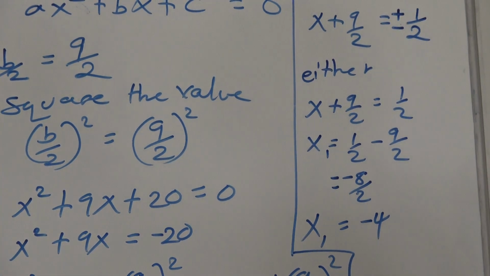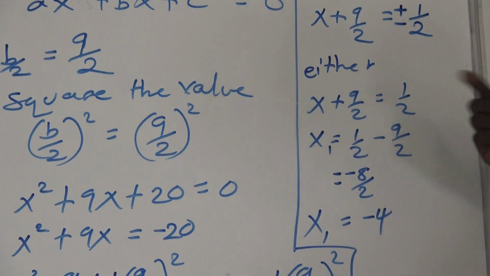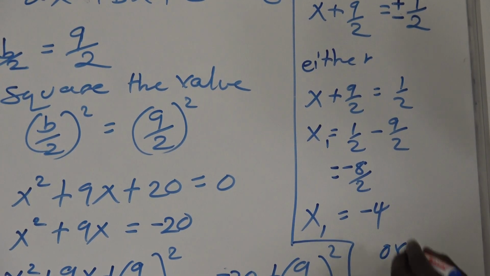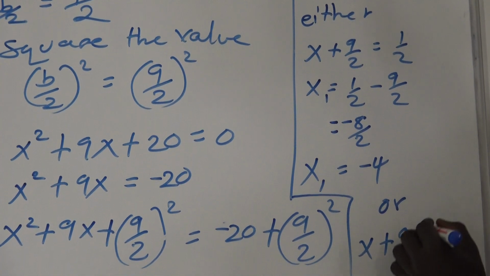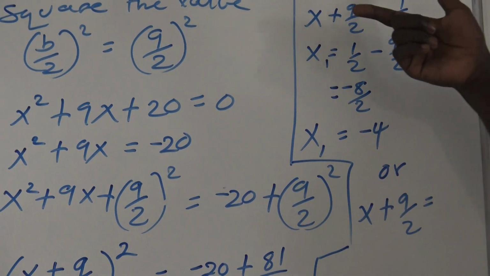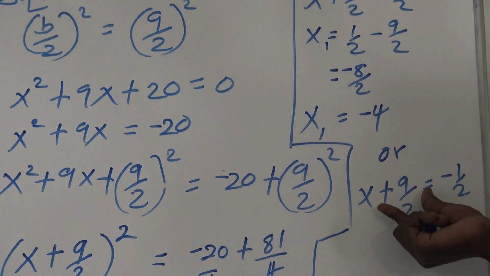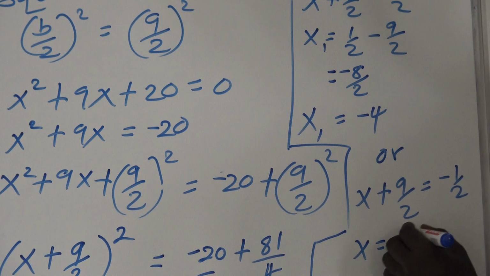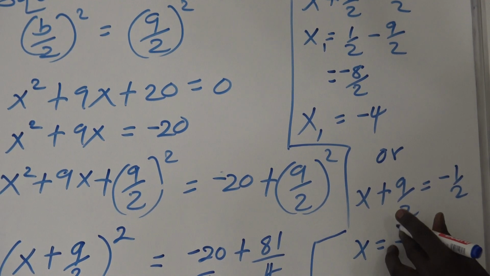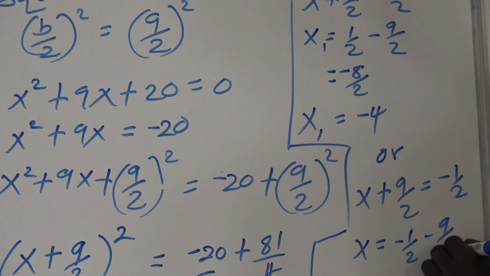So after getting the answer for the x1, also get x2, you say or x plus 9 out of 2 equals, now you consider the second one is a negative a half. So also take this one, the other side, so it will be x equals negative a half, then minus 9 out of 2.